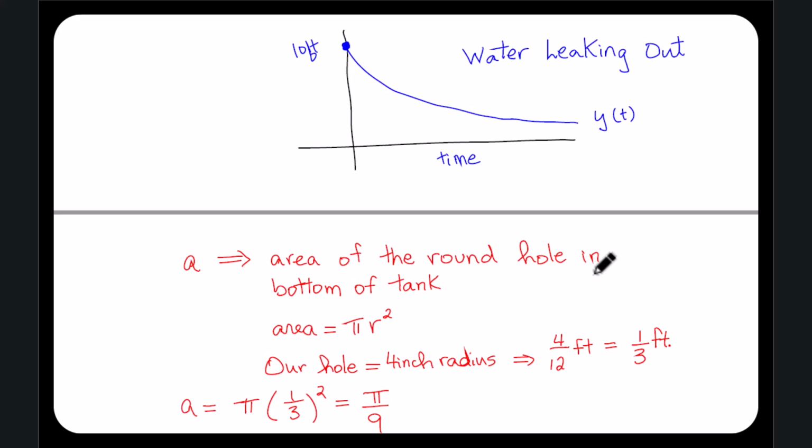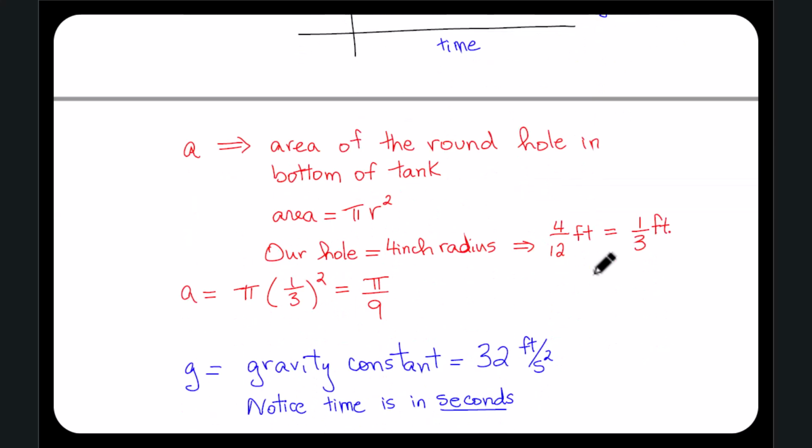Now the A in our differential equation is the area of the round hole in the bottom of the tank. Well, it's a round hole, so the area is pi r squared, where this r is related to the radius of the hole.